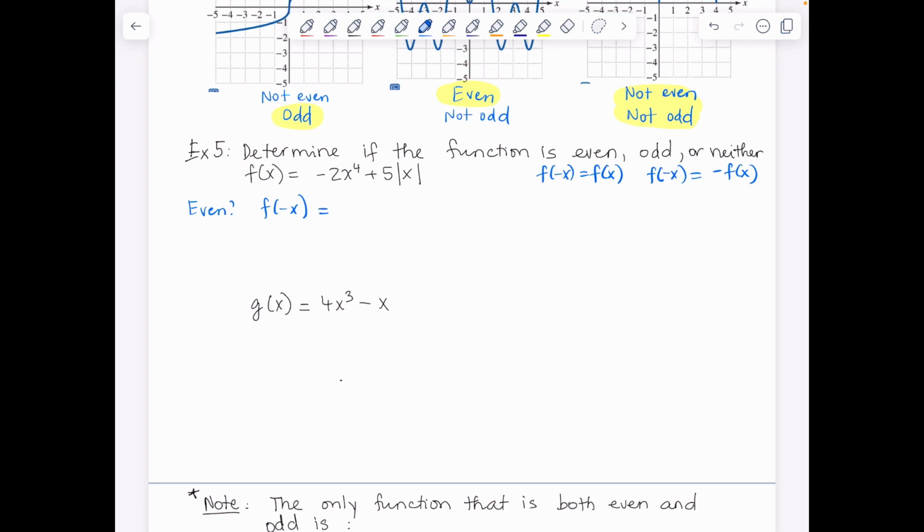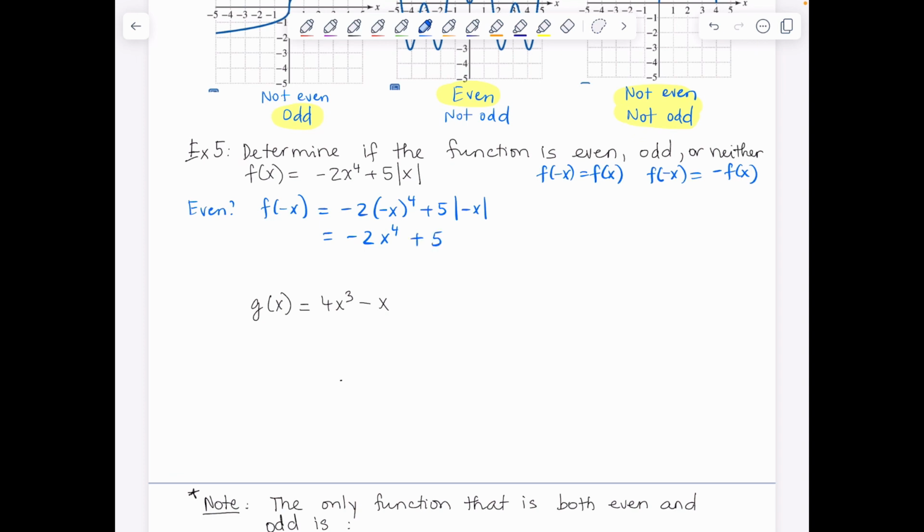Let's look at f of negative x. That means you substitute negative x in for x, so we have negative 2, then negative x to the fourth power, plus 5 times negative x. Now, negative x to the fourth, that's 4 negative signs multiplied together. 4 negative signs will make a positive sign. So therefore, this is the same as x to the fourth power.